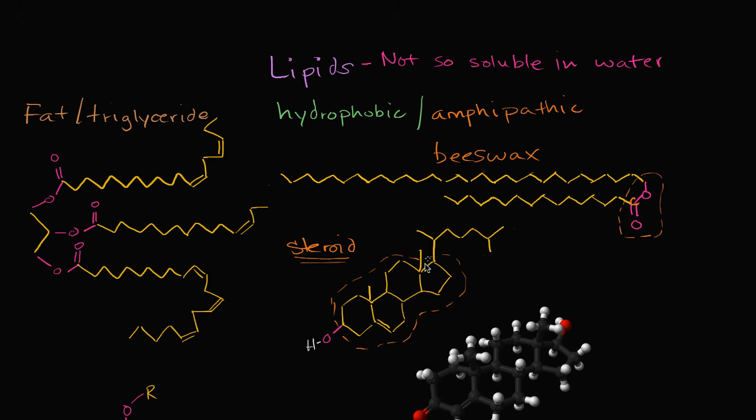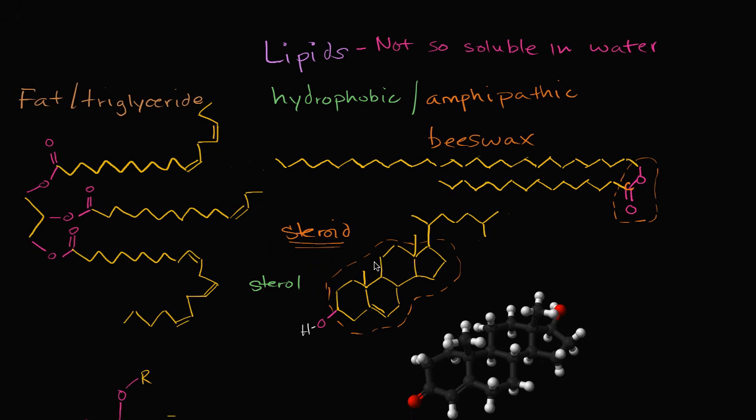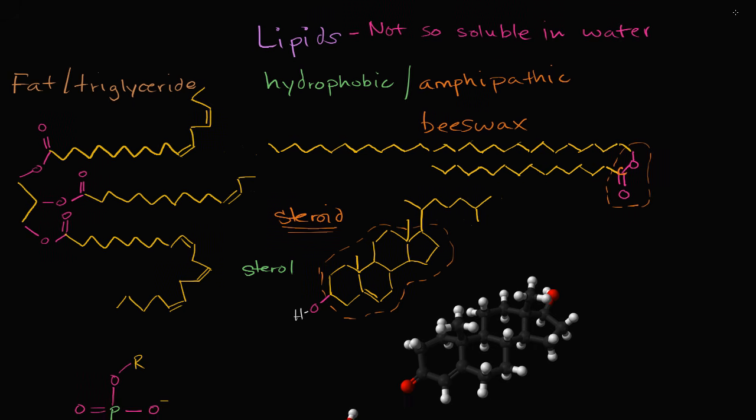And this steroid that we're looking at has an OH group attached to it, so it's actually going to be an alcohol. A steroid that's an alcohol you would call a sterol. And this particular sterol is one that you've actually dealt with a lot, or at least you've heard about. This is cholesterol. And cholesterol is often viewed as a negative thing.